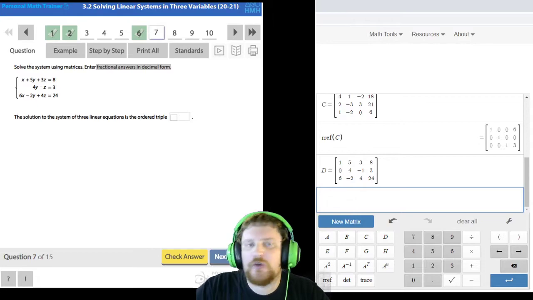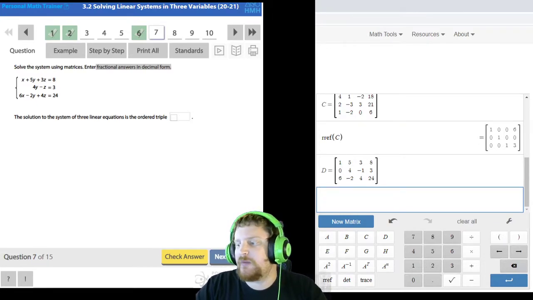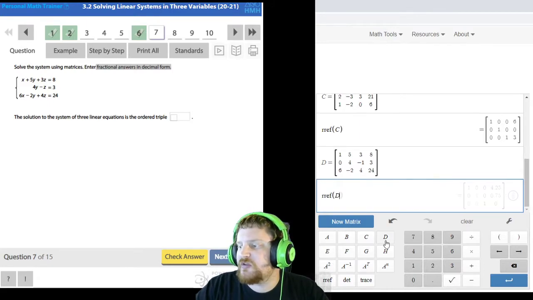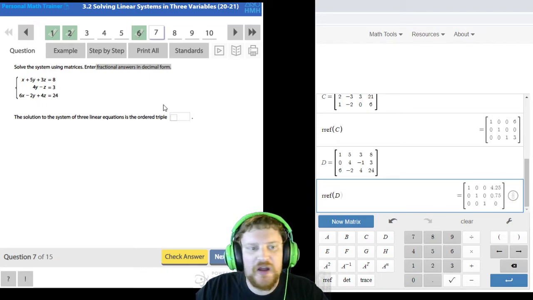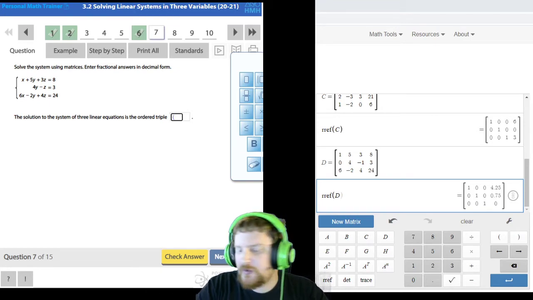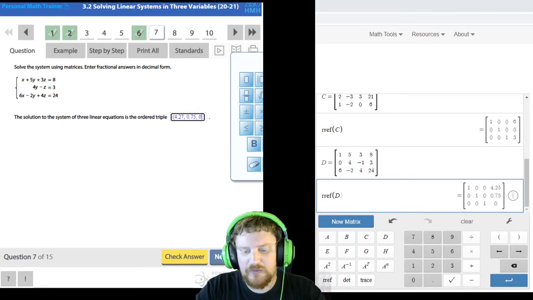If you have any issues seeing where I got any of those, please go back to the last couple of problems where I explained where those came from. Row reduced echelon form for D gives me a diagonal of 1s surrounded by zeros. Top to bottom, I've got 4.25, comma 0.75, comma 0.